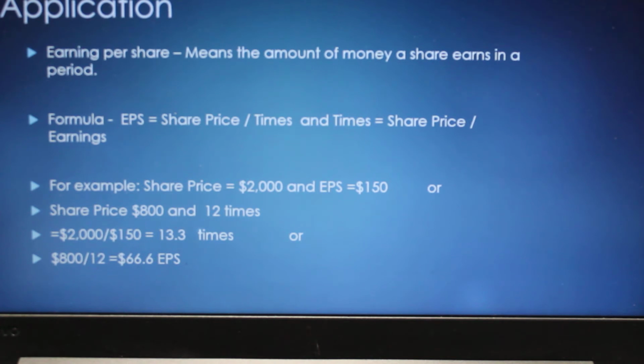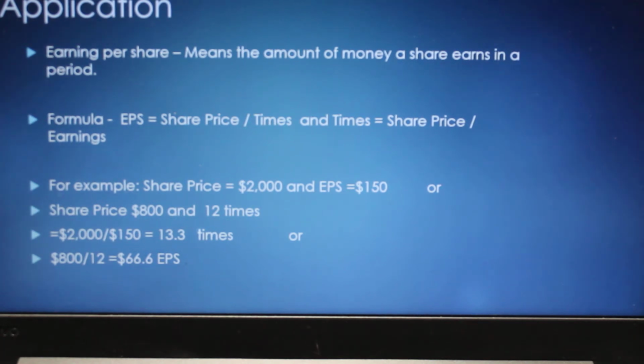Let's say, for example, a share is £5. The share, which is £5, can earn £1 for the period in terms of profits. So basically, you want to know that your share is actually earning you something every year or every quarter, depending on the time profits have been declared.